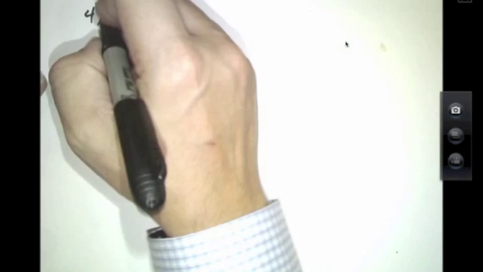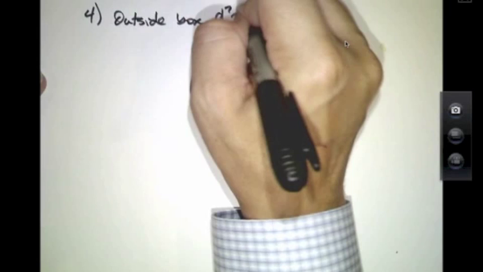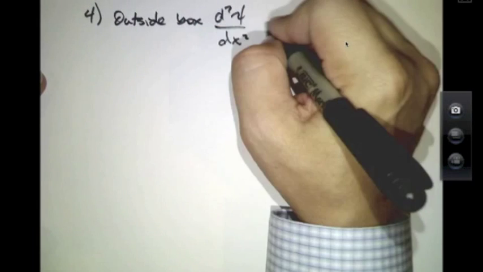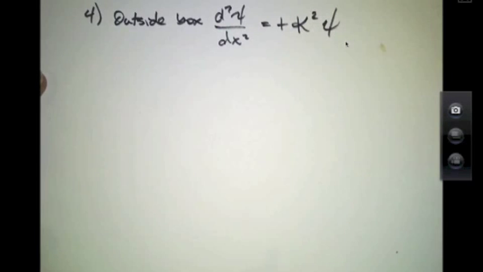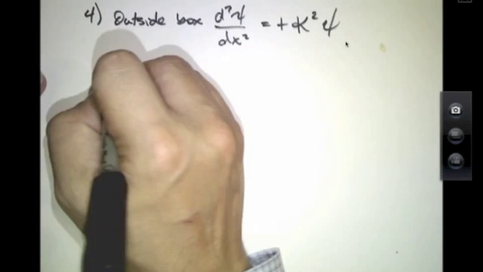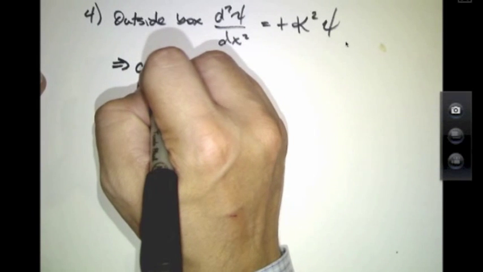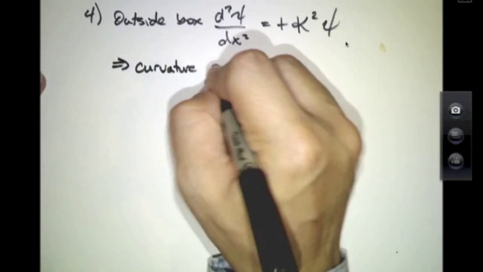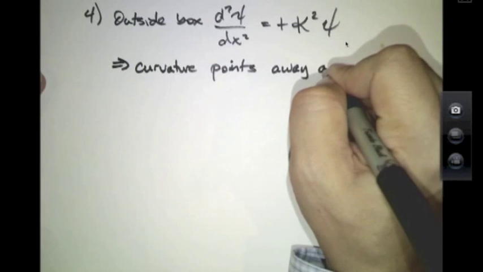The next strategy, remember, is that outside the box, the second derivative is positive relative to psi. This means that the curvature points away from the axis.